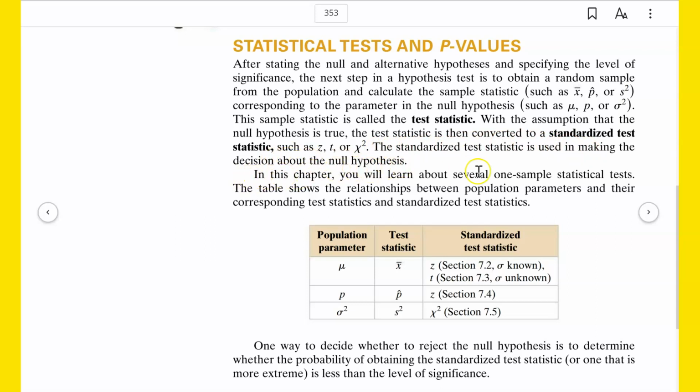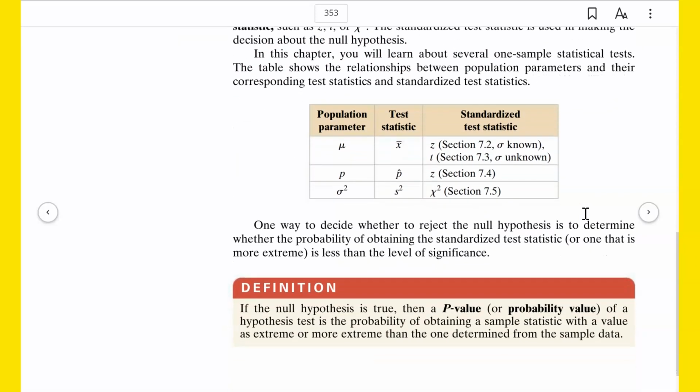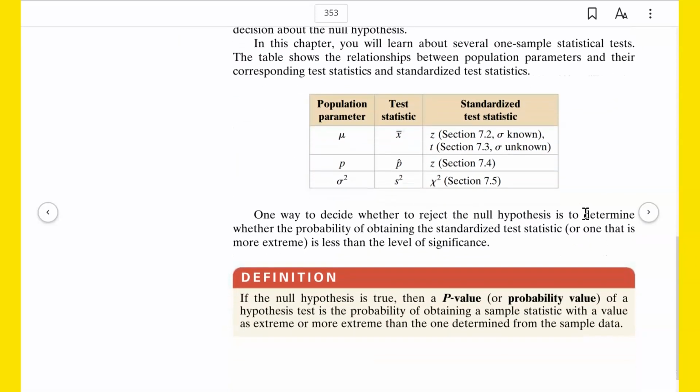In this chapter, you will learn about several one-sample statistical tests. The table shows the relationships between population parameters and their corresponding test statistics and standardized test statistics. So when we're testing mu, and we're finding the sample mean, we're going to use the z or the t test based on what we learned back in chapter 6.